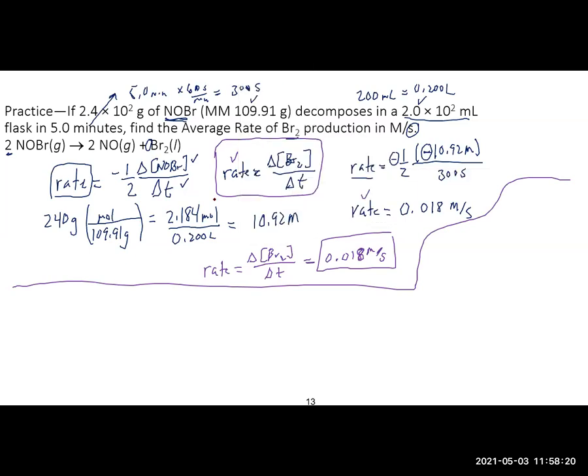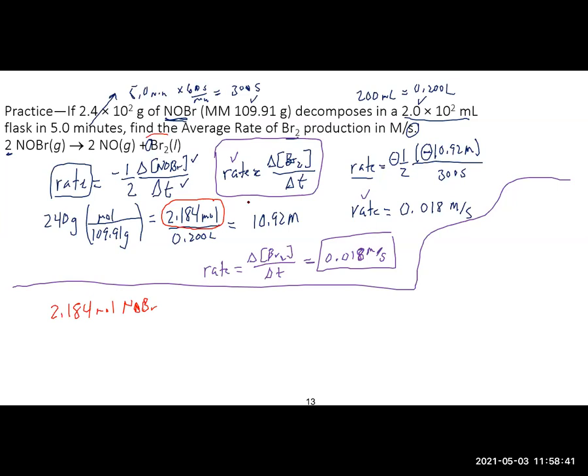So just going back to this number right here, the moles, if we just did a regular stoichiometry problem, we just figured out there's 2.184 moles of NOBr. At this point, we're interested in Br2.